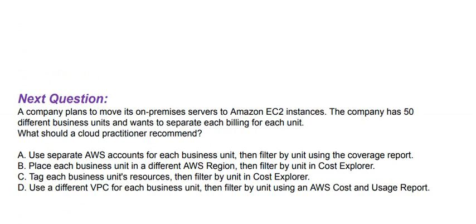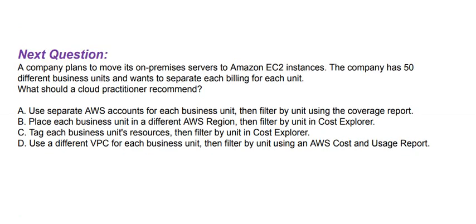Next question is, a company plans to move its on-premises servers to Amazon EC2 instances. The company has 50 different business units and wants to separate the billing for each unit. What should a cloud practitioner recommend? Option A, use separate AWS accounts for each business unit, then filter by unit using the coverage report.